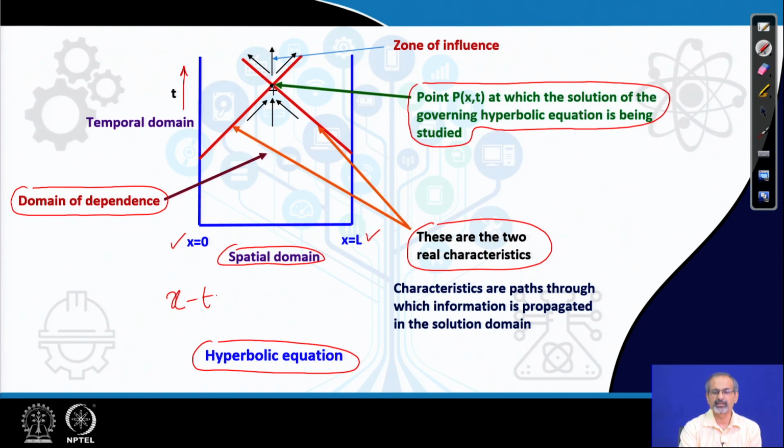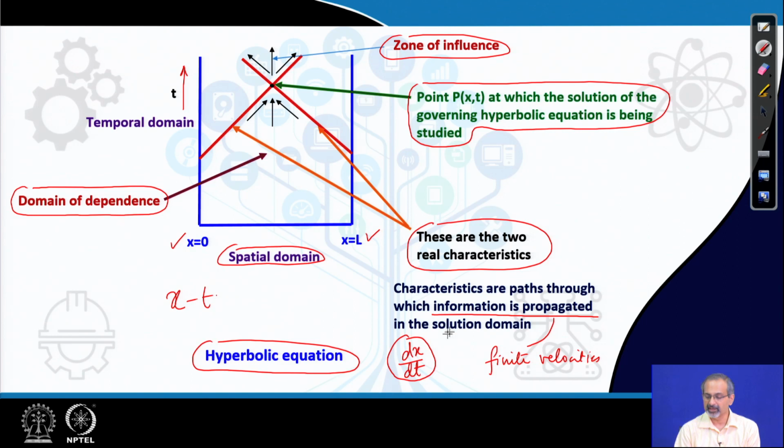Further, the solution at that point P can influence a region which is called as zone of influence. Remember that these slanting characteristics basically mean that the information propagation is happening at finite velocities, because these characteristics are associated with finite values of dx dt.